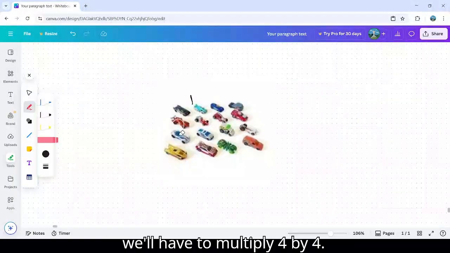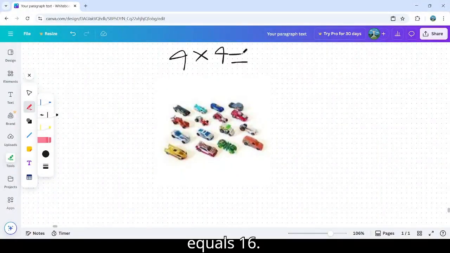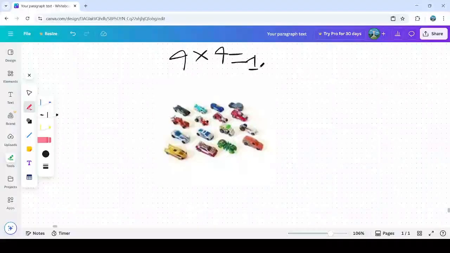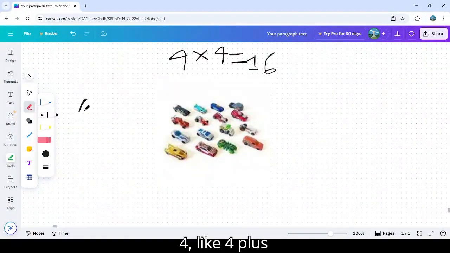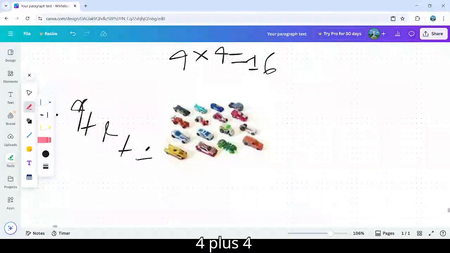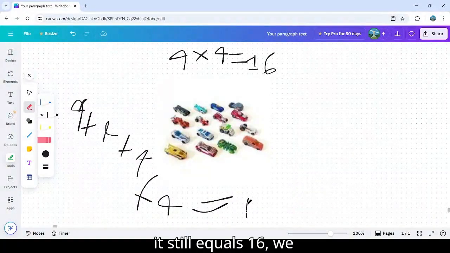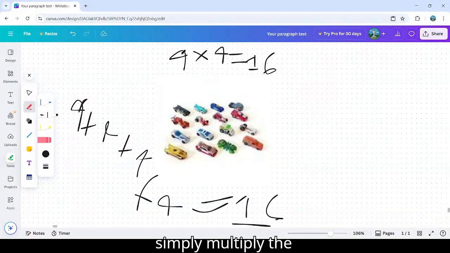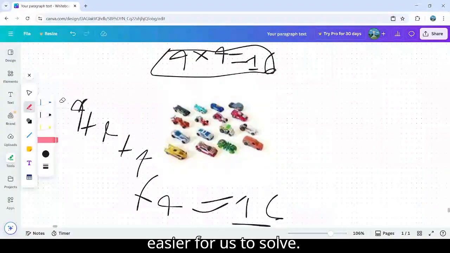So in this case, we'll have to multiply 4 by 4. 4 times 4 equals 16. Instead of adding 4 plus 4 plus 4 plus 4, which still equals 16, we simply multiply the equation to make it shorter and easier for us to solve.